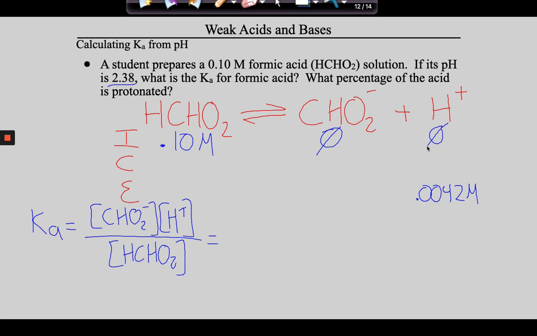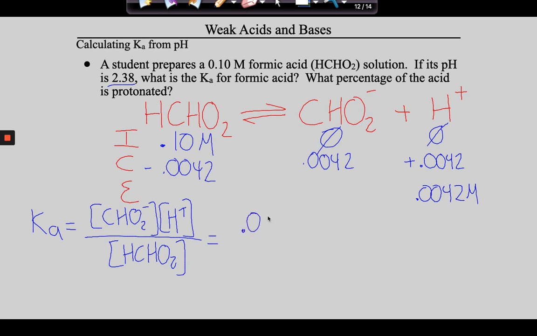Now, how do the dominoes fit together? Well, this went up by 0.0042. So what did the conjugate base have to go up by? The same, 0.0042. But then, guys, the acid's concentration went down by 0.0042.